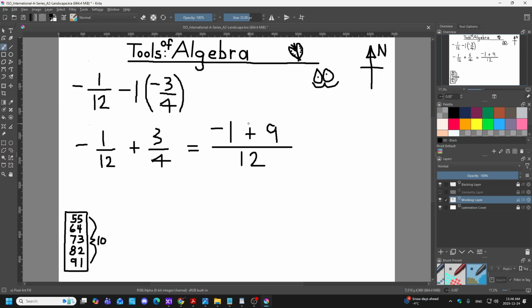The 9 has the positive, therefore my numerator is also going to be a positive. So we have 8 divided by 12, which, as we can all see, can be reduced because we know 8 can be divided by 4. Same thing with 12. That's going to be our factor, or greatest common factor, it's also called.